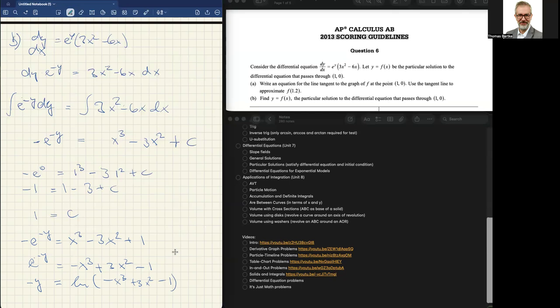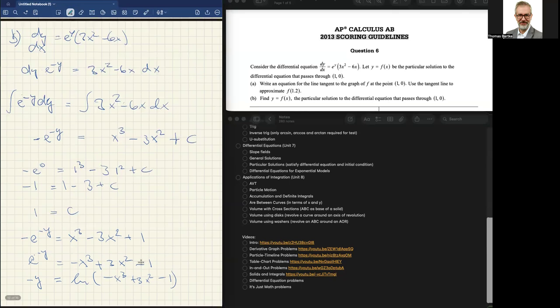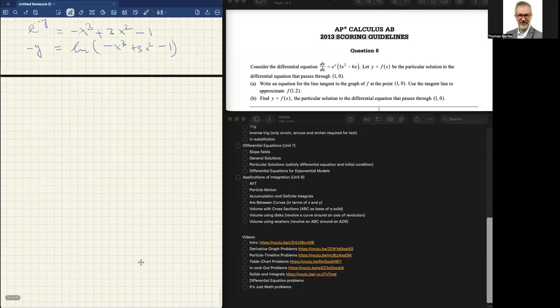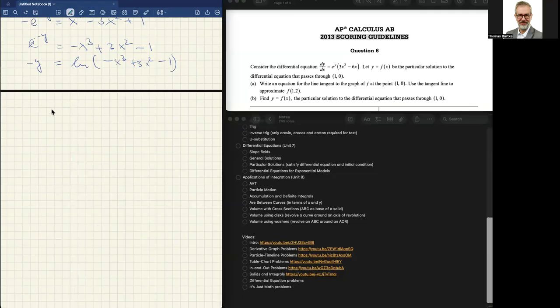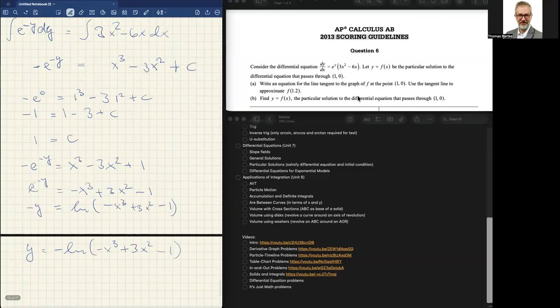And that gives me then my y as negative ln of negative x cubed plus 3x squared minus 1. All right, so that is my particular solution to the differential equation that passes through 1, 0. And that's it. Let's check our results.